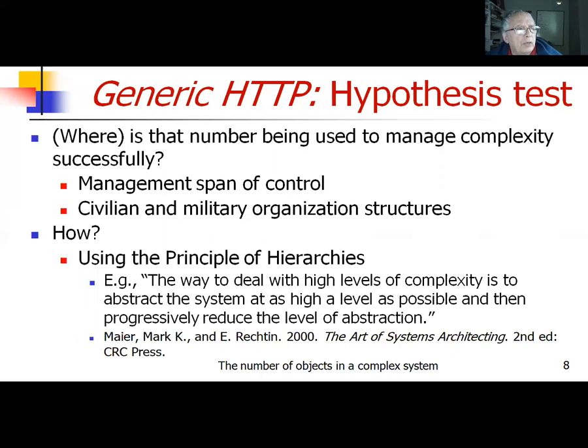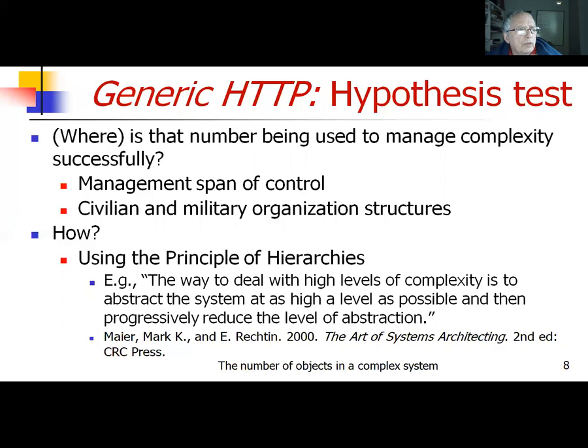Is there anyone out there that is using that number to manage complexity successfully? When you look at it, you find, yes, management span of control. If you've learned anything about management, you've been taught about span of control.